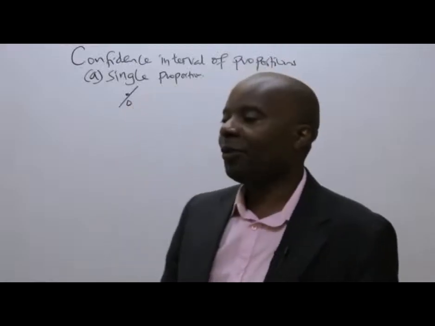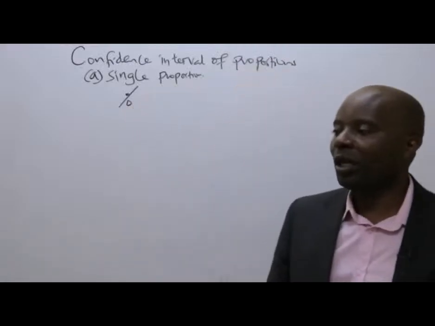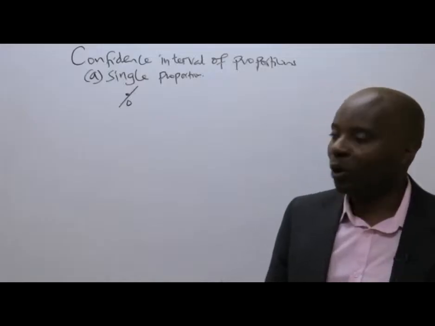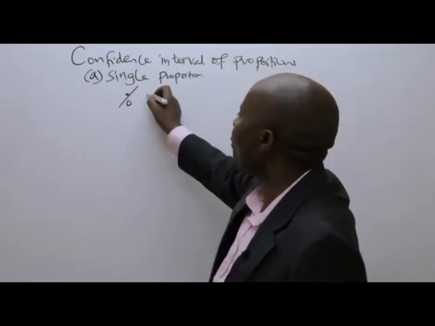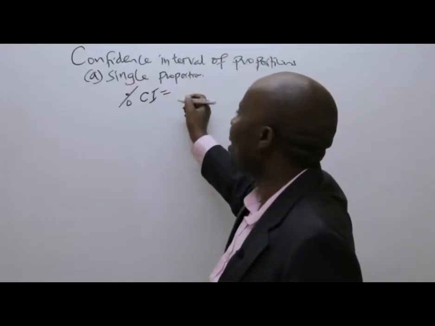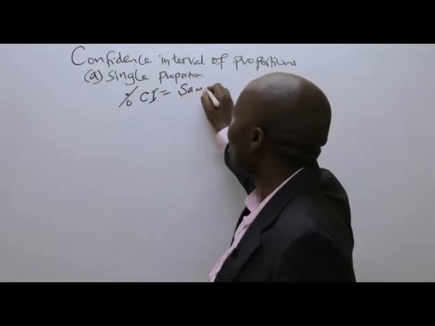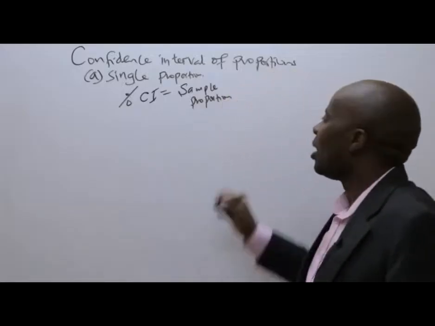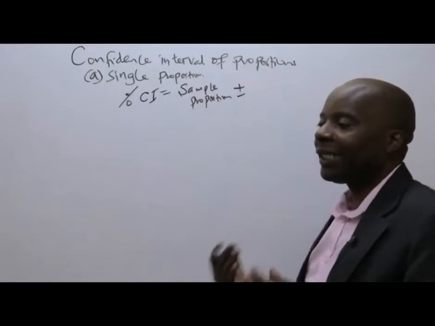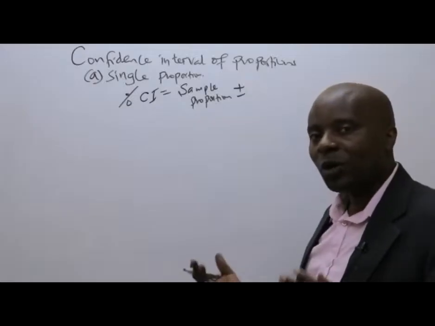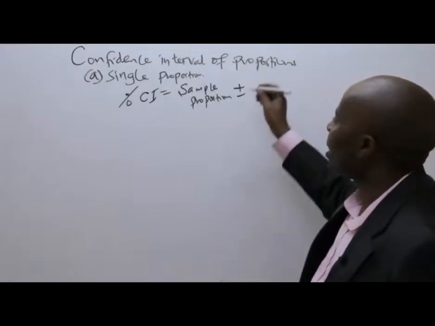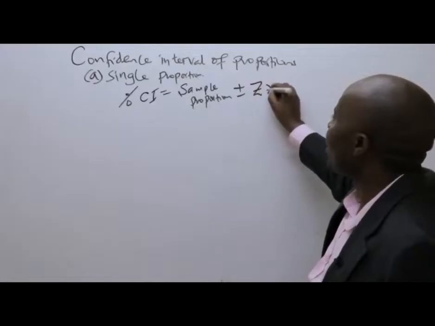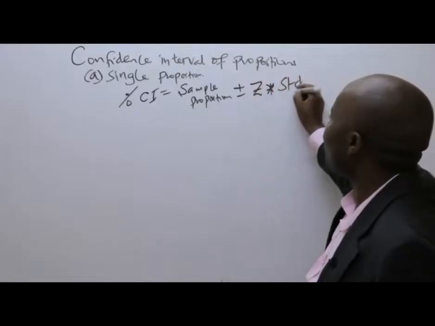So, ladies and gentlemen, for me to be able to get the confidence interval of a single proportion, the percentage confidence interval will be equal to the sample proportion plus or minus the test statistic. For now, we are looking at large samples, so the test statistic will be Z. So Z times what we call the standard who?